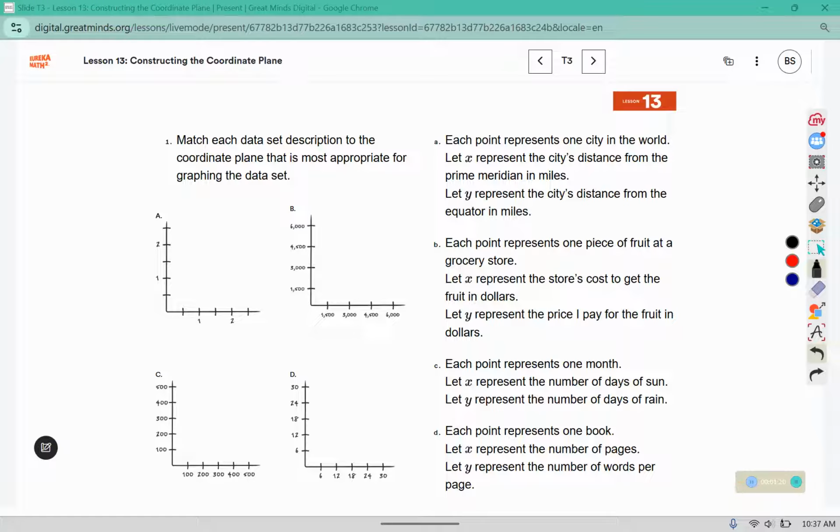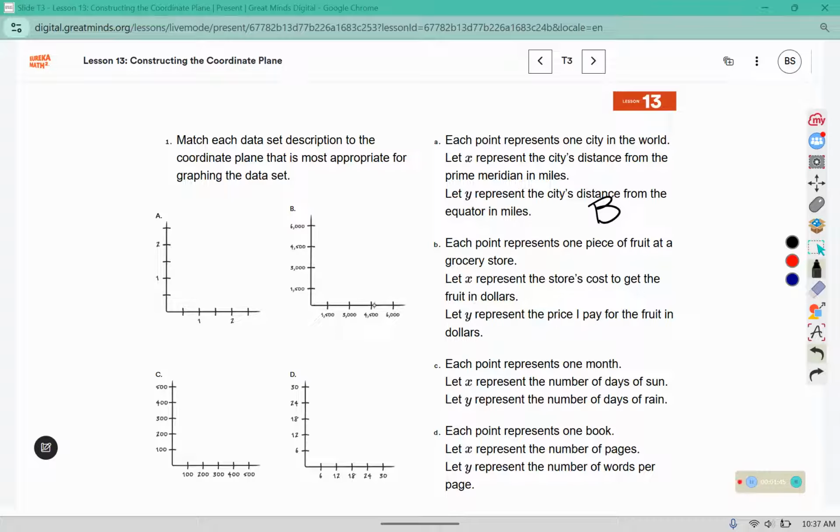Let X represent the city's distance from the prime meridian in miles. Let Y represent the city's distance from the equator in miles. Well, in our globe, cities can be very close to or very far from the prime meridian and from the equator. So this is going to be letter B.